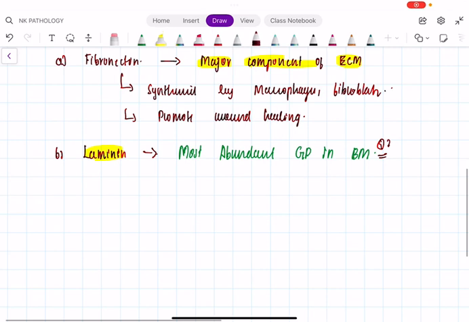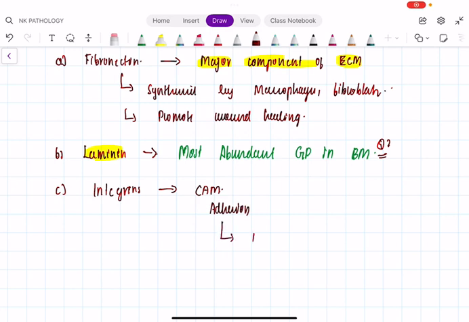Then C, we have integrins. They are actually the CAMs, cell adhesion molecules. They mainly help in adhesion.